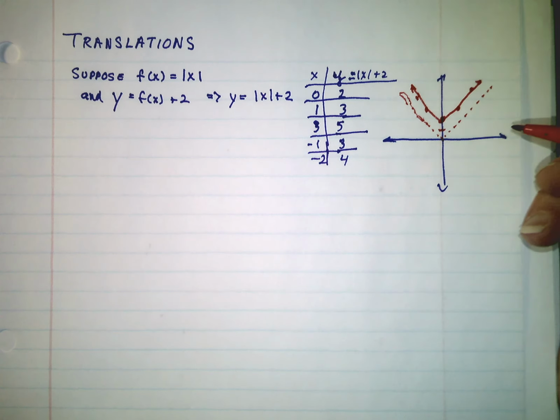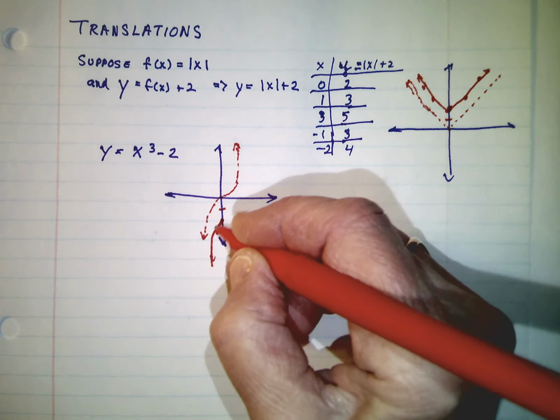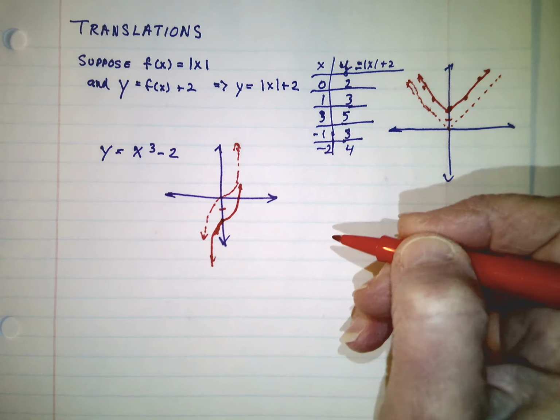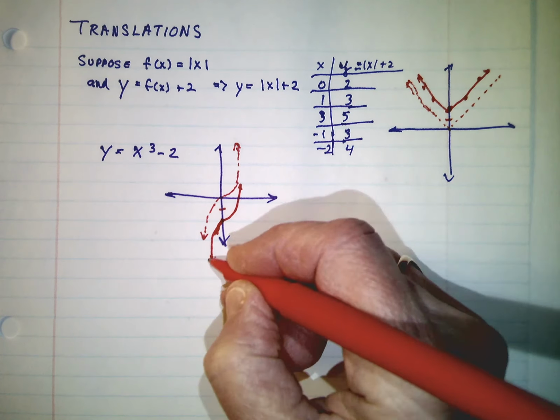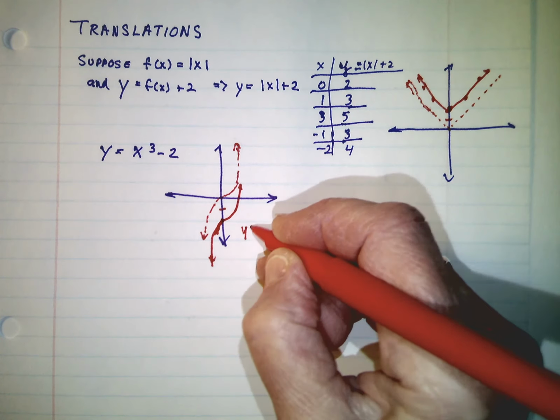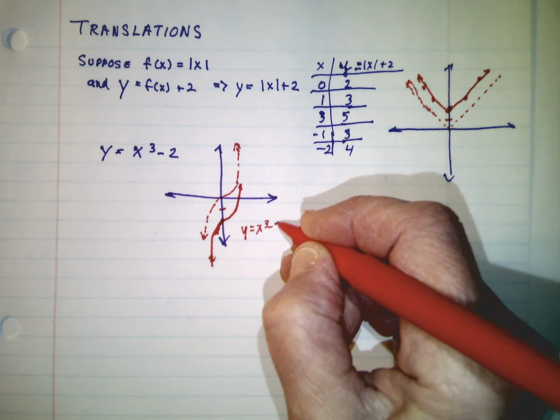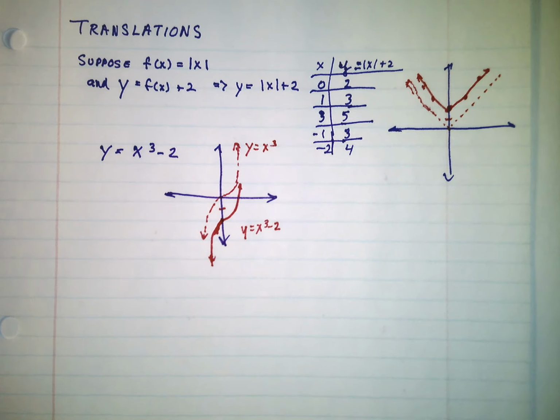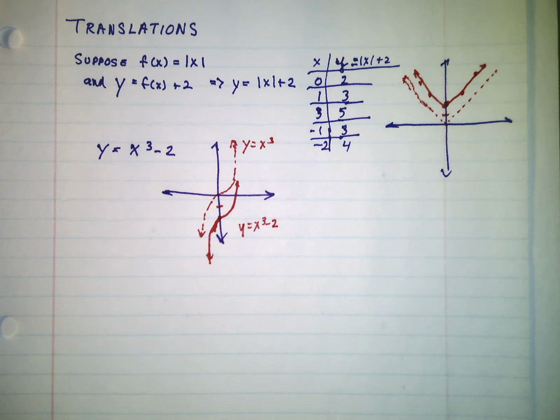And then we're just going to drop everything down 2 spaces. Sorry about my drawings. So it's going to look like this. Just dropped down 2. This was the original y equals x cubed. So that's pretty easy. And that's a lot like geometry.